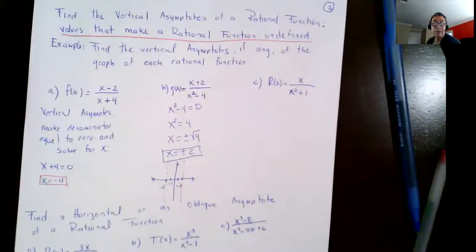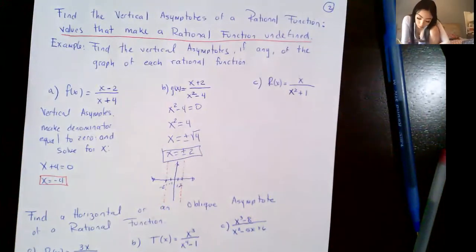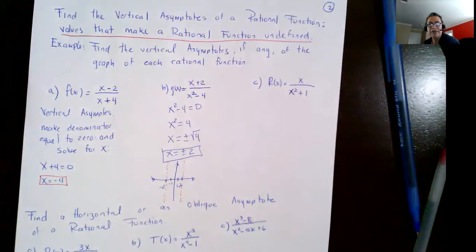That's how we draw the asymptotes. These are the vertical asymptotes. And we're gonna learn in the next section that when we start graphing, a graph never crosses a vertical asymptote. These lines are imaginary lines, by the way.